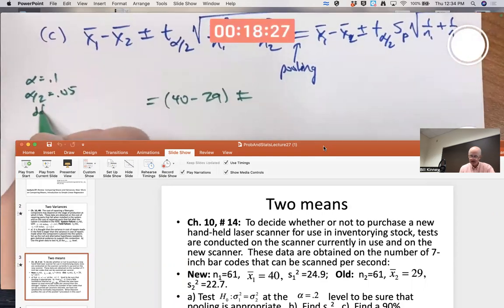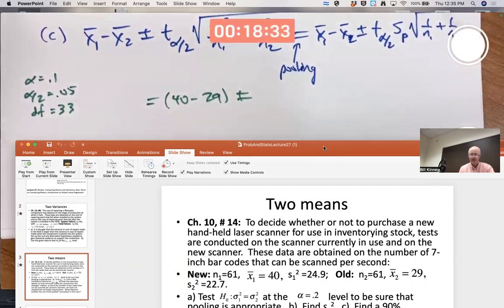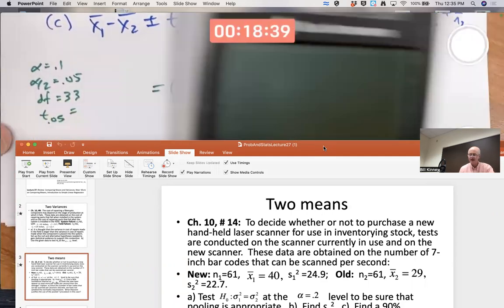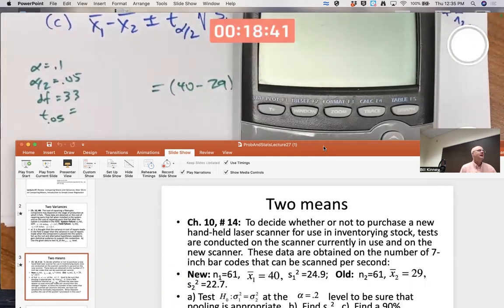Degrees of freedom is n1 plus n2 minus 2, which is 33. So t sub 0.05 based on 33 degrees of freedom, what's that going to be? z sub 0.05 is 1.645. t should be a bit bigger, right? Because you need a little bit more cushion when you use the t distribution.